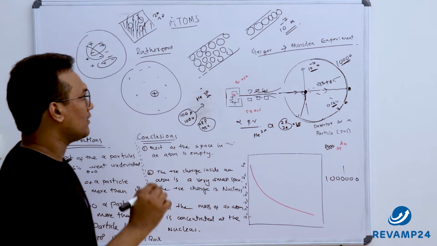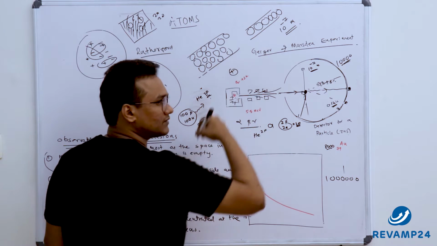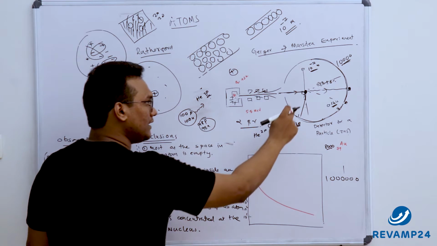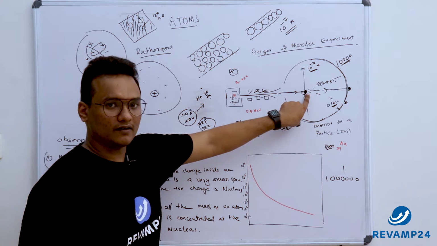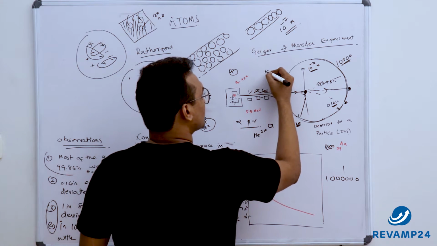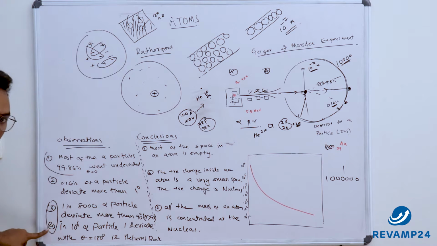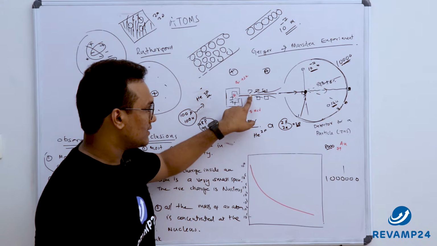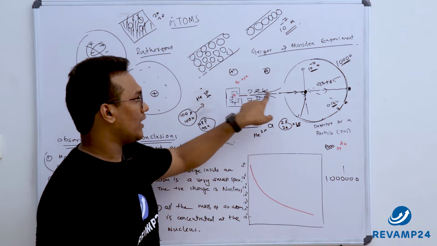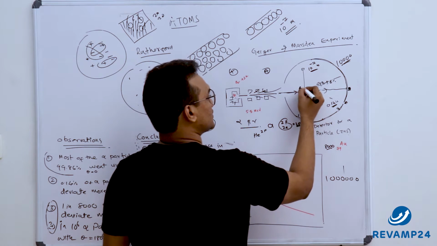That will happen when the alpha particles have a positive charge and the particle they collide with also has a positive charge. I will repeat: the third and fourth observations happen when the alpha particles collide with particles that have a positive charge.